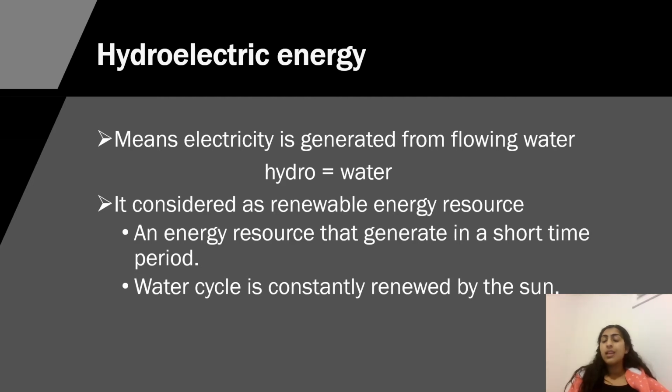So water is getting constantly renewed. We can say that it's a good source, a really good way of producing electricity.